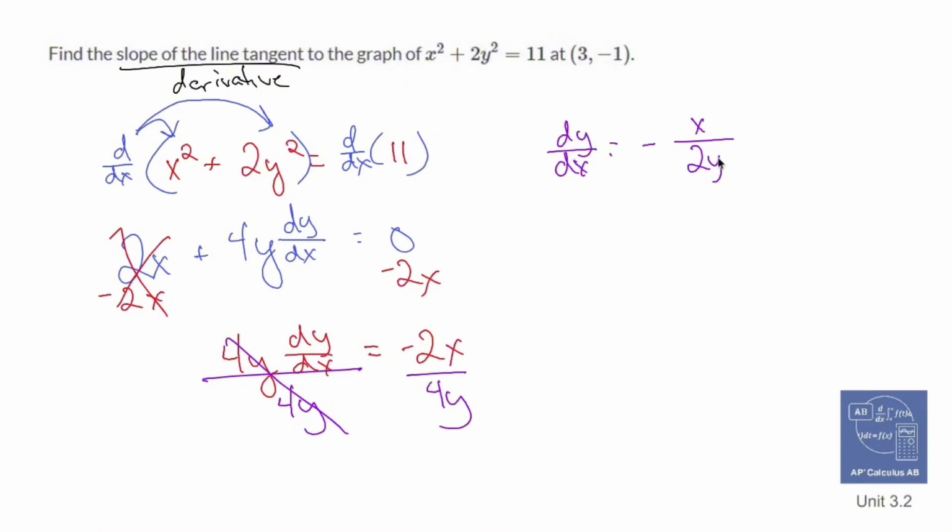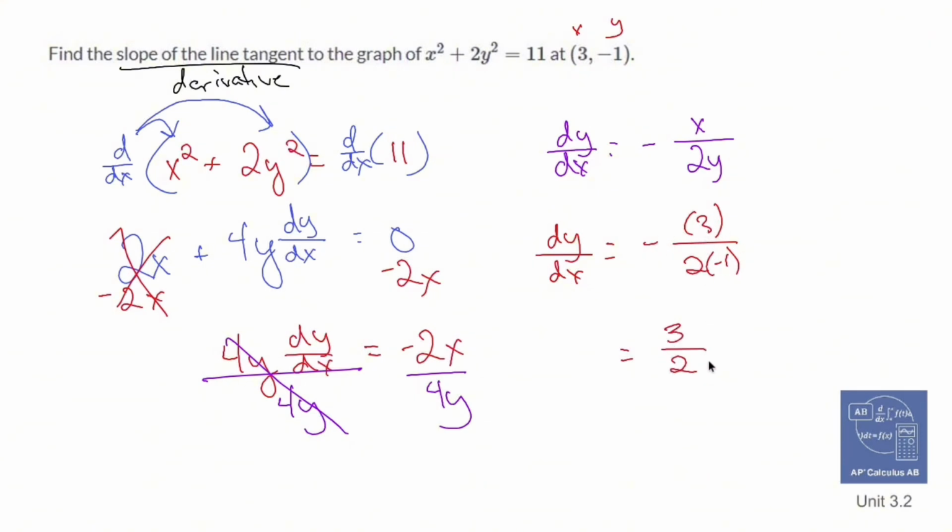Now this is dy/dx. This is the derivative, which gives you the slope of the tangent line. However, I haven't plugged in my value yet. So for an x and a y, finding the slope of the tangent line at that point is going to be negative x, which is 3, over 2 times y, which is -1. That cleans itself up to negative over a negative, which is a positive, 3 over 2.